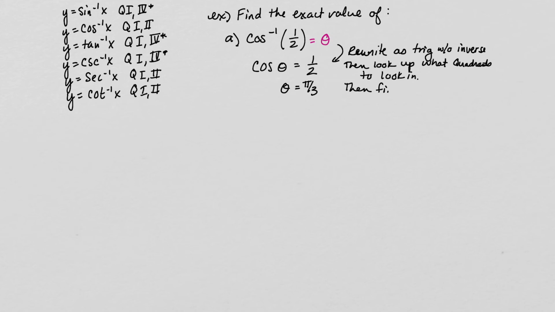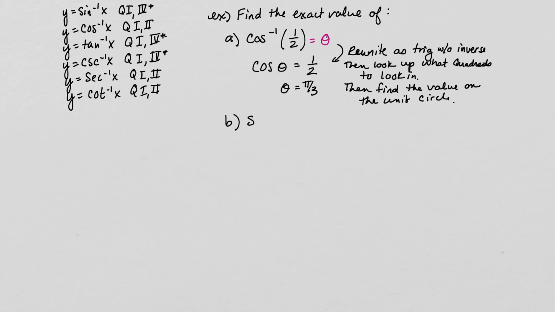Then find the value on the unit circle. And if we do one that's in quadrant 4, we're going to have to tweak it a little bit, which I have some examples we'll do here in a minute.